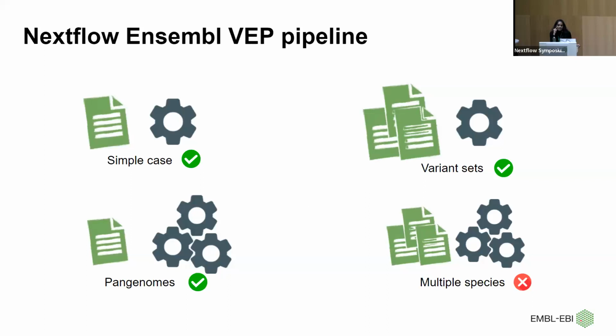In terms of annotating pan-genome assemblies, we wanted multiple configuration files having different assembly information, but starting with a single reference data. We also wanted to do some benchmarking, which required testing it on multiple input files and so on. We are still in progress regarding supporting both multiple input and multiple configuration files. This was a bit tricky, so we are still working on that.